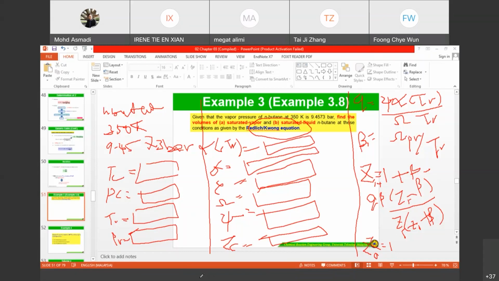I can give you 5 minutes. Find TC, PC, TR, PR, alpha, sigma, epsilon, and the symbol.